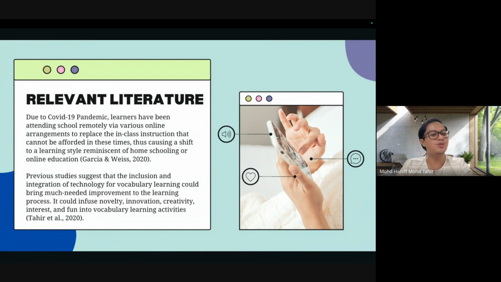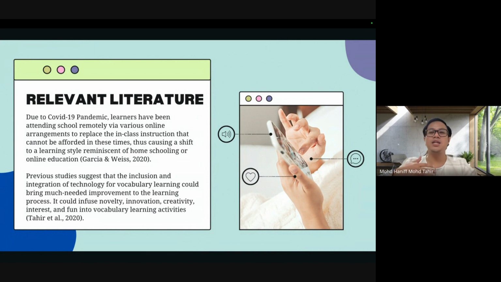Previous studies also suggest that the inclusion and integration of technology for vocabulary learning could bring much needed improvement to the learning process. This could infuse novelty, innovation, creativity, interest, and fun into the vocabulary learning activity, as stated by Tahir et al. in 2020.